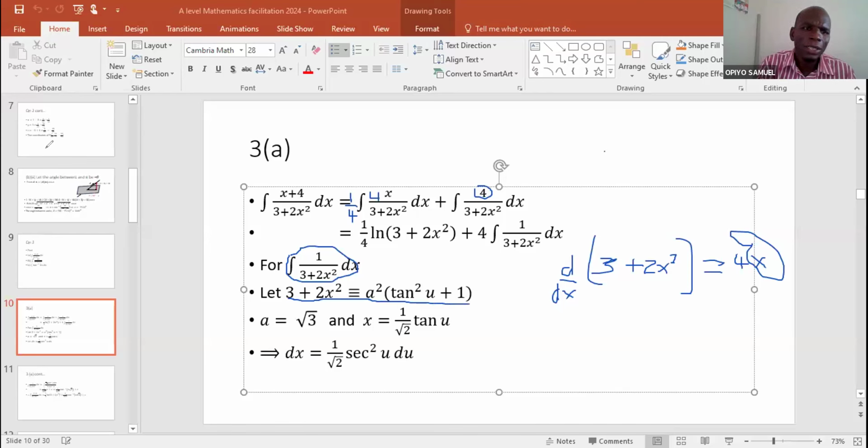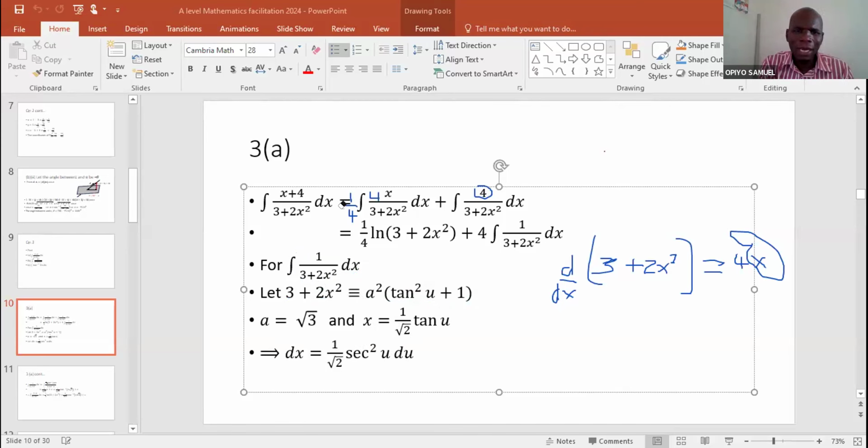We change from x to u. You make a the subject, find the value of a, then make x the subject, then differentiate with respect to u. So we get dx equals 1 over root 2 sec squared u du.